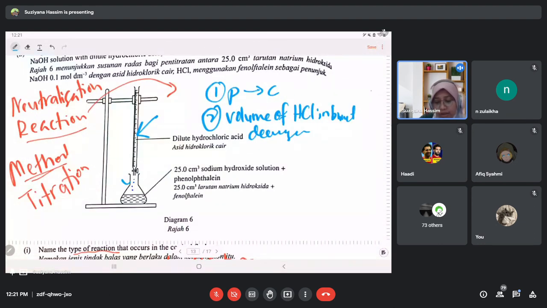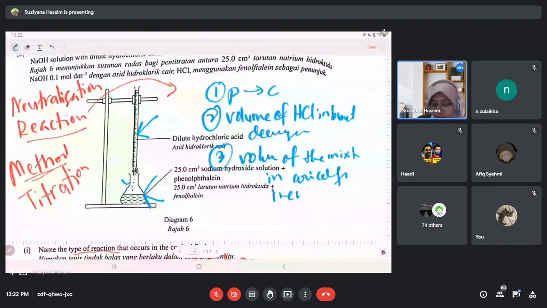Number 3, the volume of the mixture in the conical flask increases.